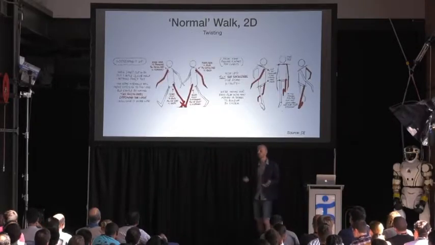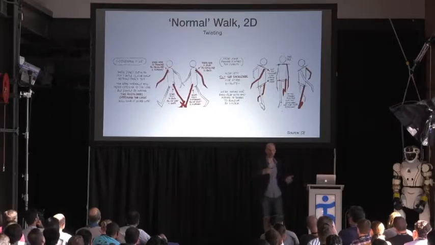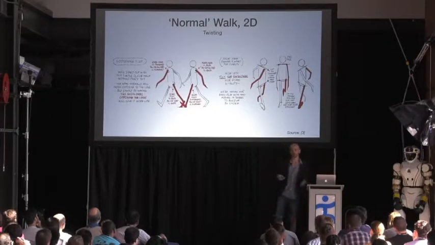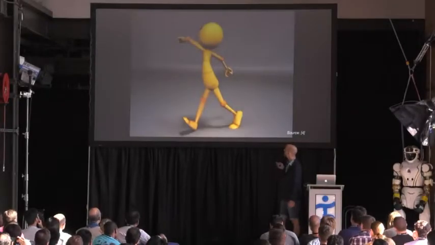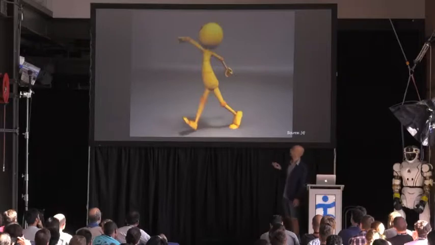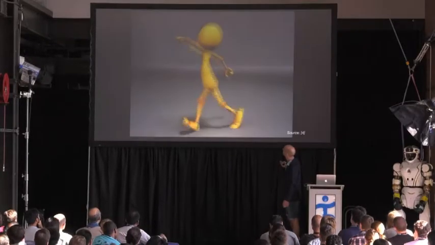Then you can move on to twisting the body. How does the body twist when you walk? You have the opposite twist of the torso, and also the sideways twist for the hips versus the shoulders. Then eventually you put it in, and it should start automatically. Yeah, then you can get something like that.